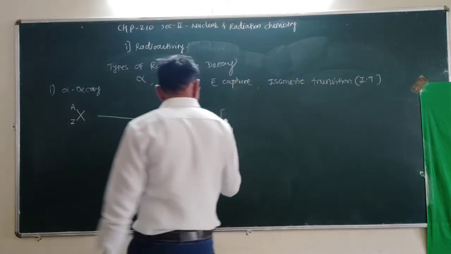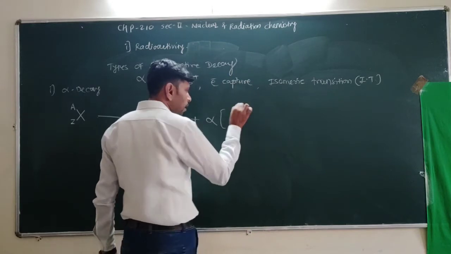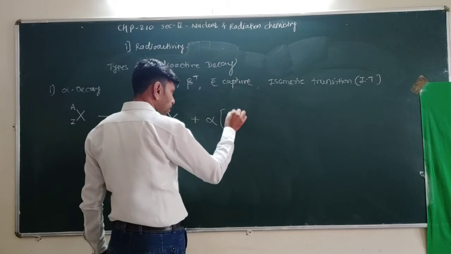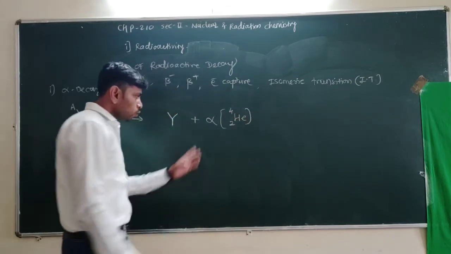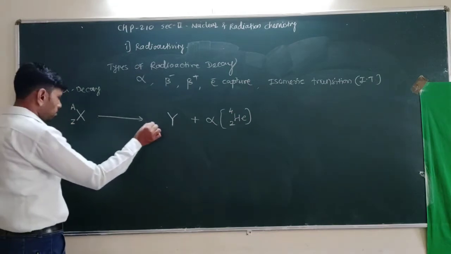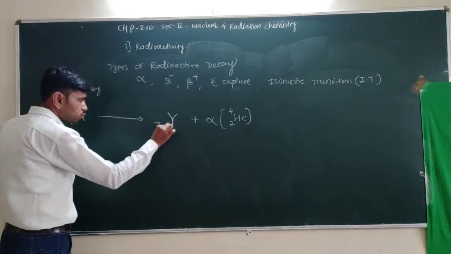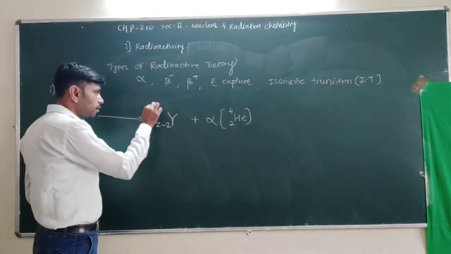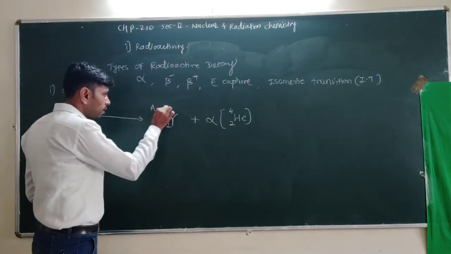What is this alpha particle? An alpha particle is nothing but a helium nucleus, with atomic number 2 and mass number 4. So the helium nucleus is removed from this one. So here Z minus 2, because the helium nucleus with atomic number 2 is removed, and A minus 4.